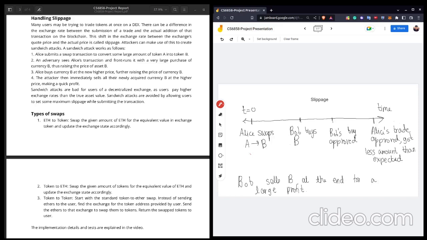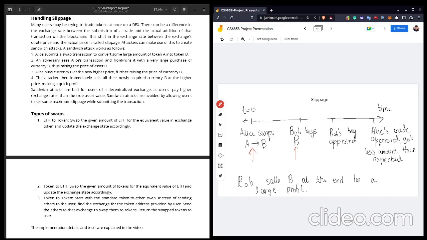Assume that at time t equals 0, Alice submits a swap transaction to convert a large amount of A to B. Bob, who is an adversary, gets to know about this and he places a large buy order for B. If Bob's buy order of B gets approved before Alice's trade gets approved, she will receive less than the expected amount of B. This is because Bob artificially inflated the price of B. Alice's trade will further increase the price of B, and Bob then sells B at the end for a large profit.